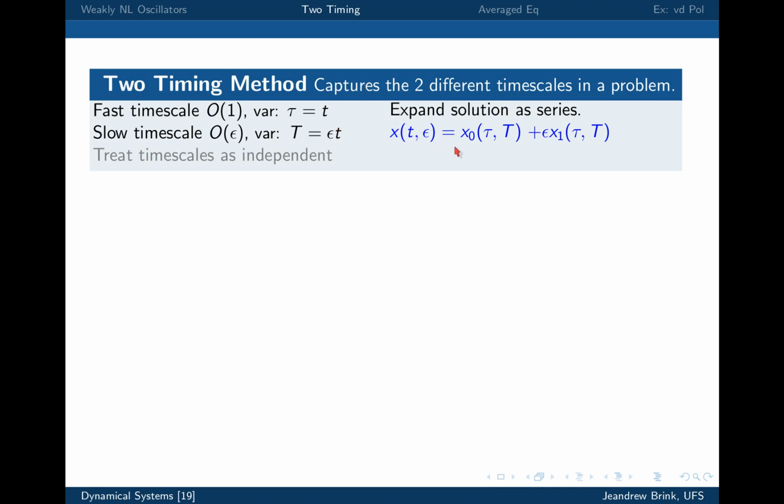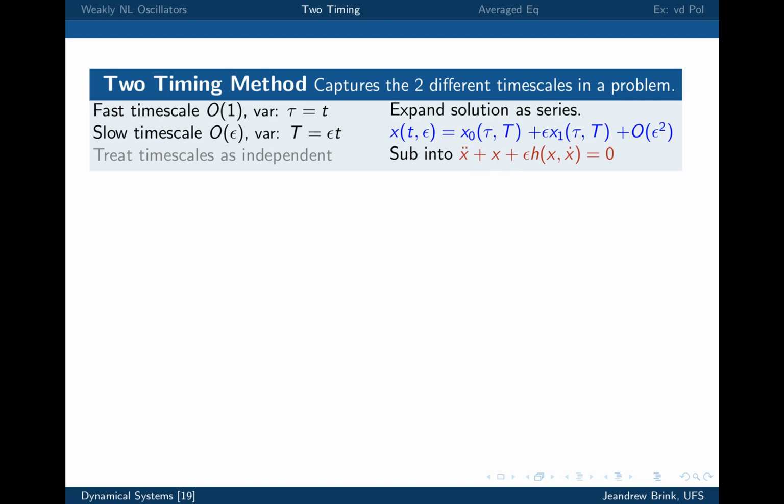The way we go about finding the solution is to substitute this assumption into our weakly nonlinear equation and then do certain calculations to actually solve it.